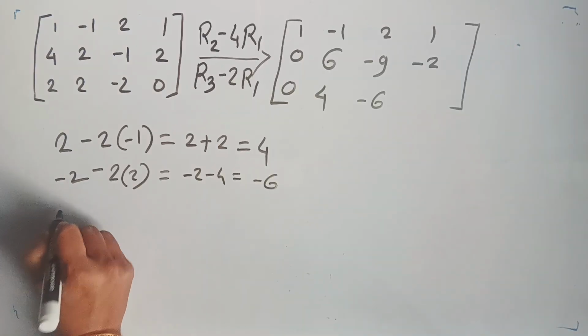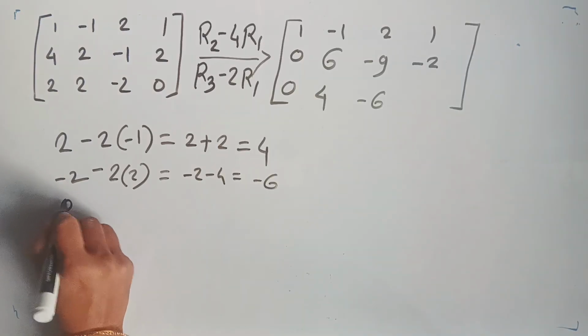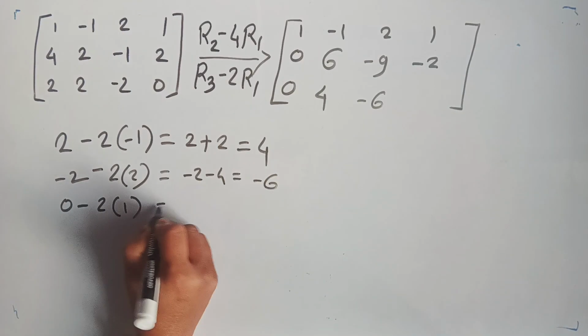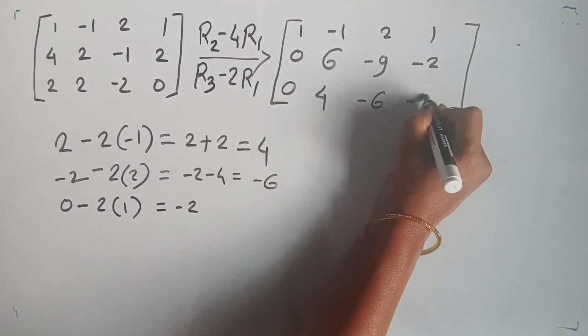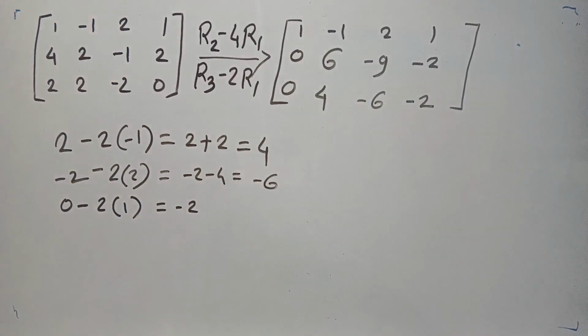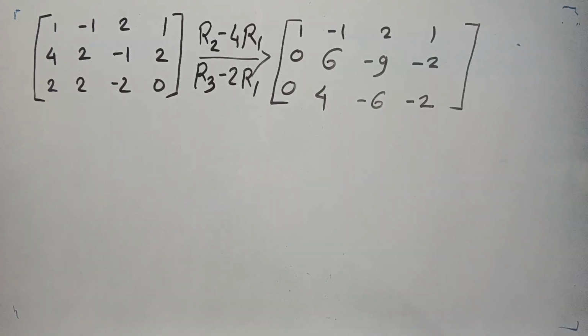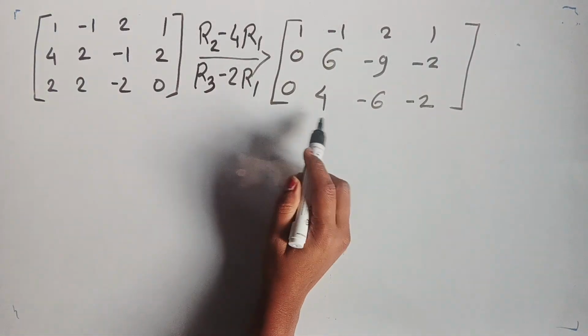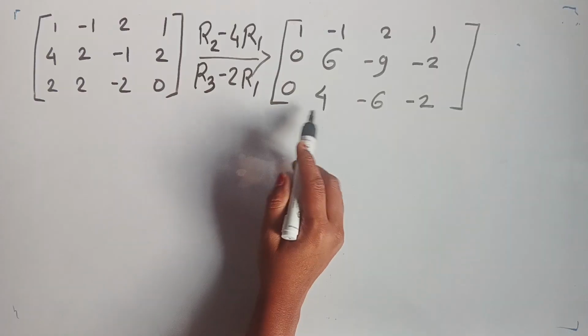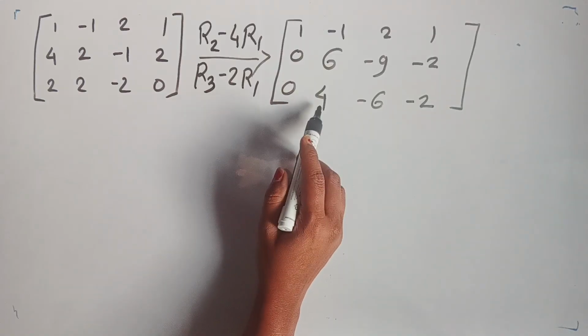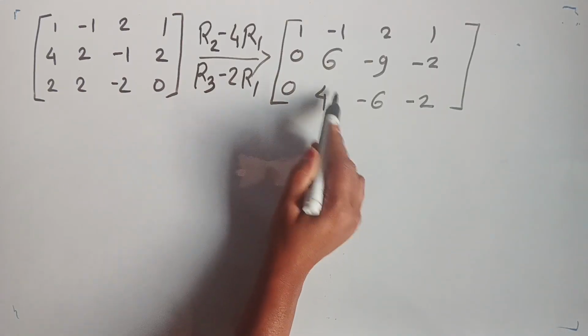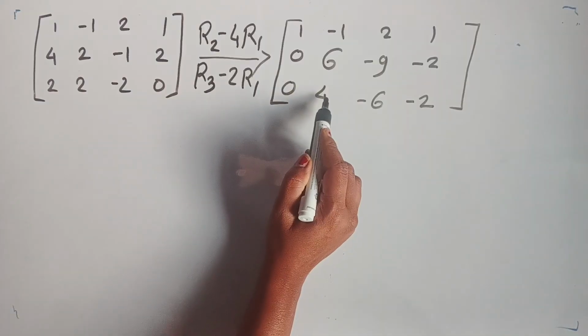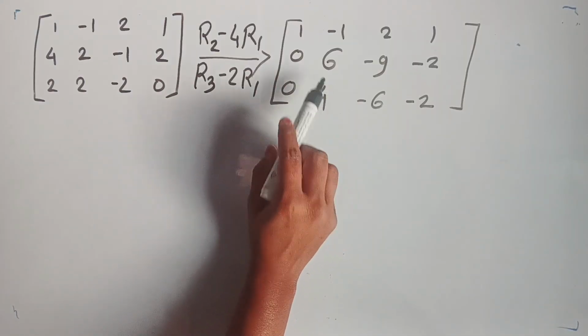After that 0 minus 2 times 1 is minus 2. So the last entry is minus 2. Now for the second column, okay, for converting this to 0, we can use this row.